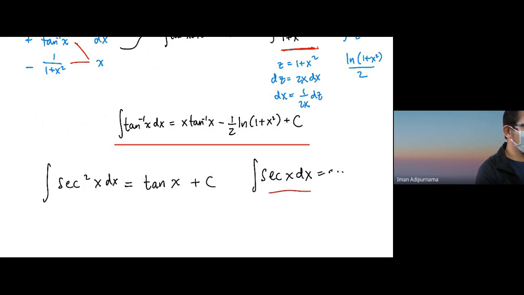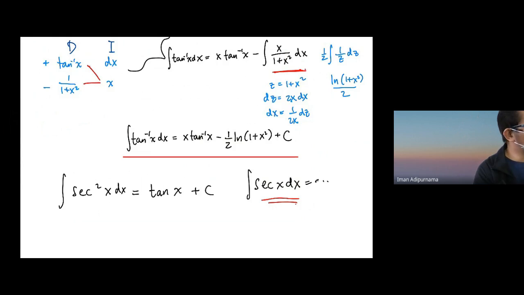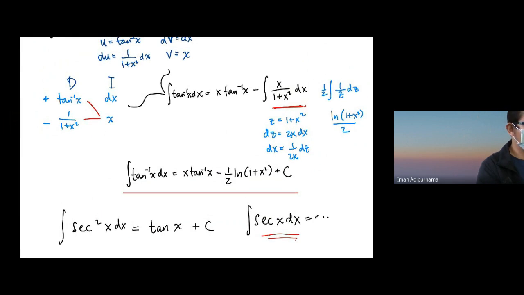Now secant x is a tricky integral. We can still solve the secant, but we need help from other elements. Let me show you the next part.